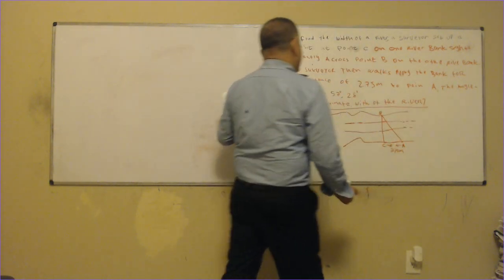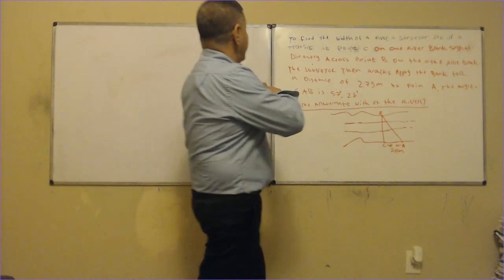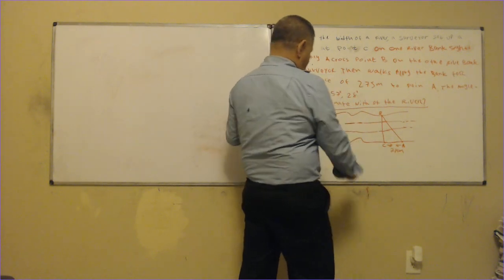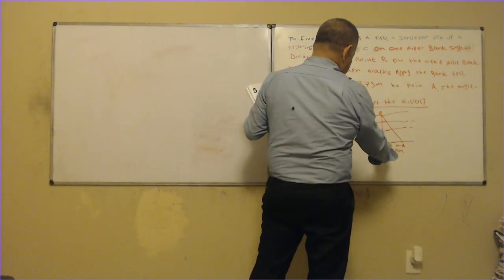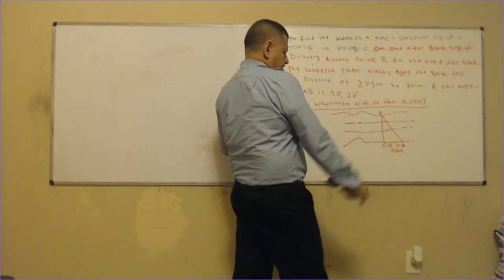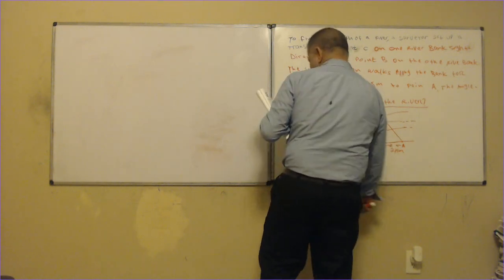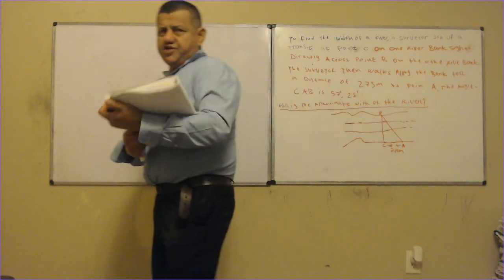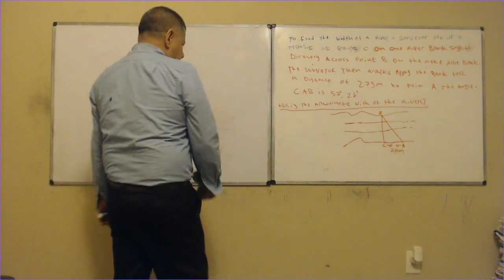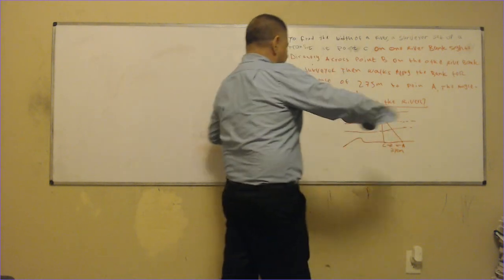It says right here to find the width of the river. If a number was given to us, it's given, so we need to find the rest. Based on this information, what can we do?